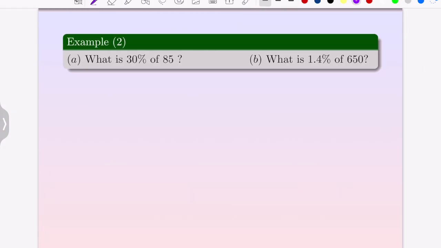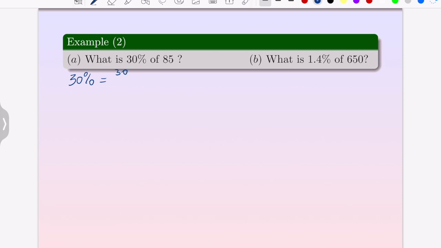So here we have an example. What is 30% of 85? This is my original amount, this is my percentage, and I'm asking for the final amount. First we're going to change 30% into decimal.